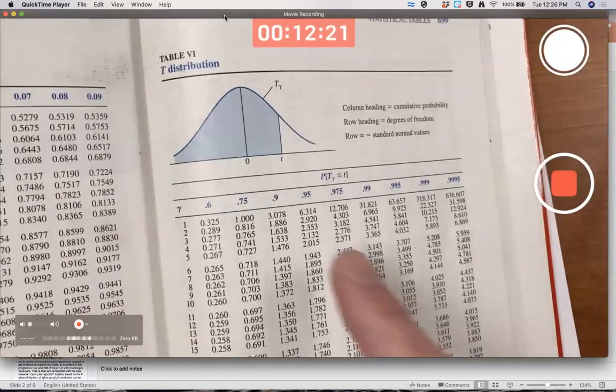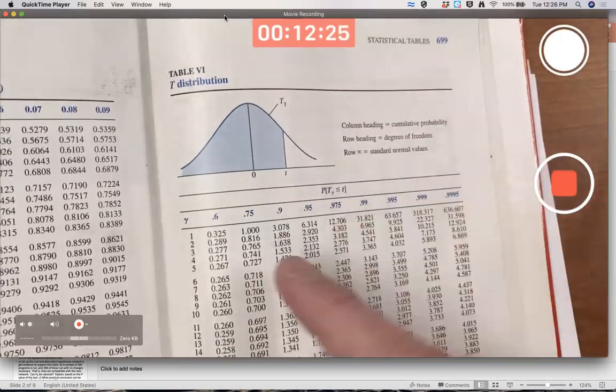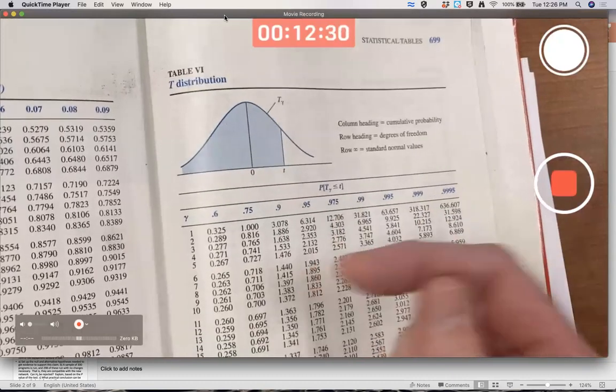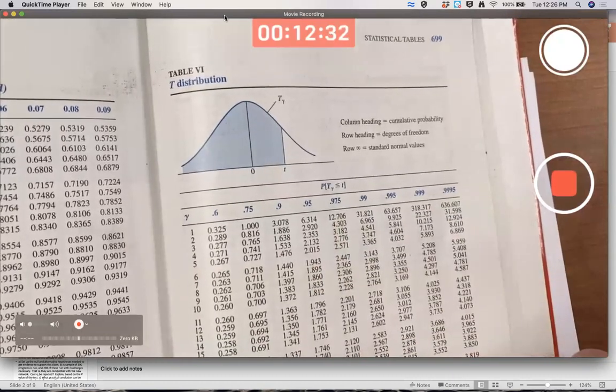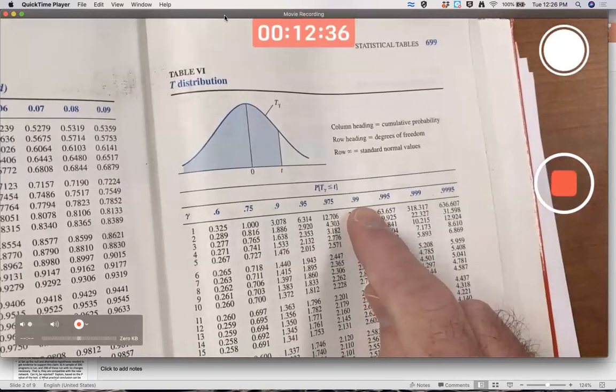Remember that these numbers, by the shading here and by the less than or equal to here, are CDF values, areas to the left. If alpha is 0.01, I'm looking for 0.99, 1 minus alpha.